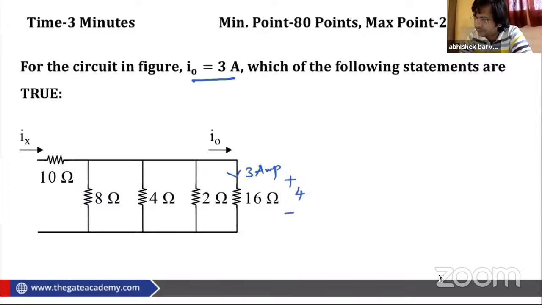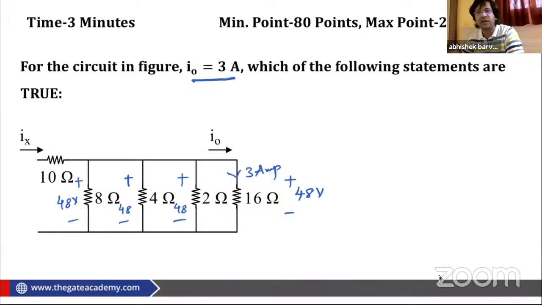Yes or no? Now we have also heard that voltage across a parallel circuit is the same, meaning that voltage across every branch is now known to me, that is 48. So everywhere I'll be getting 48. Now from this, I will try to calculate the current through every branch.